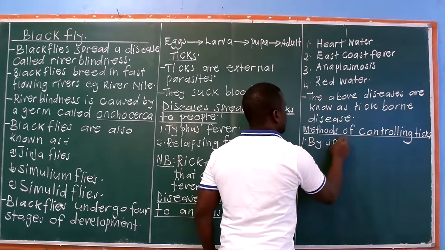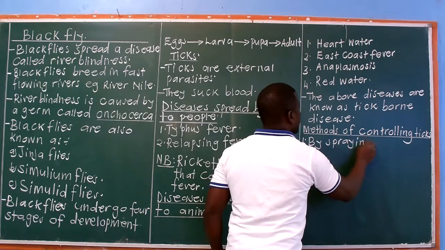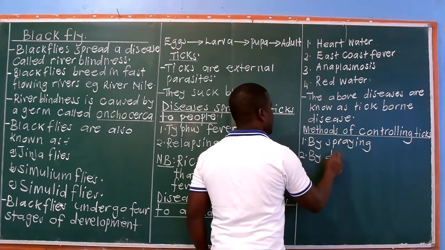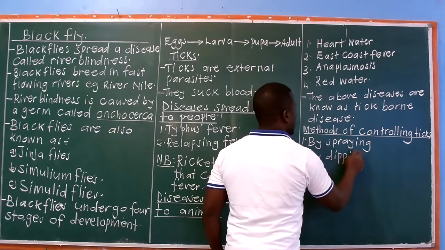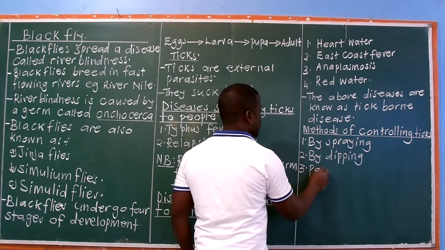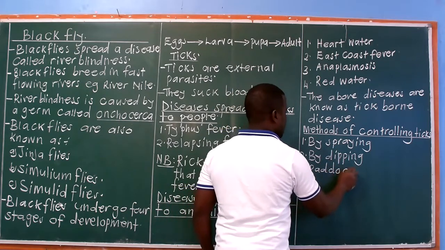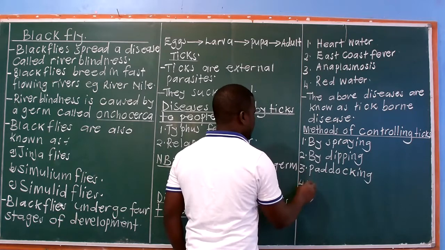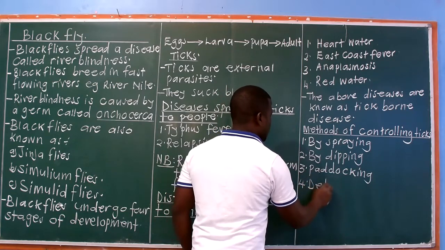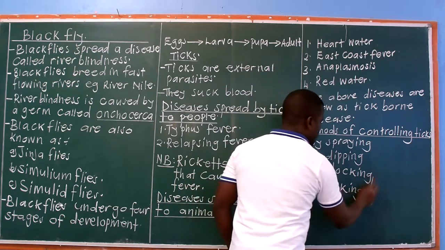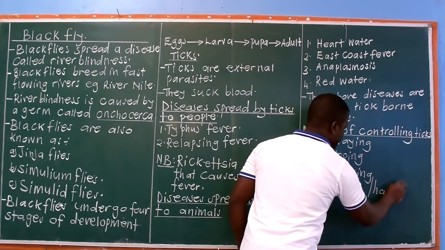Number two, by dipping. We have what we call a dip tank. Number three, by paddocking. Number four, by hand picking, or what we call deticking.